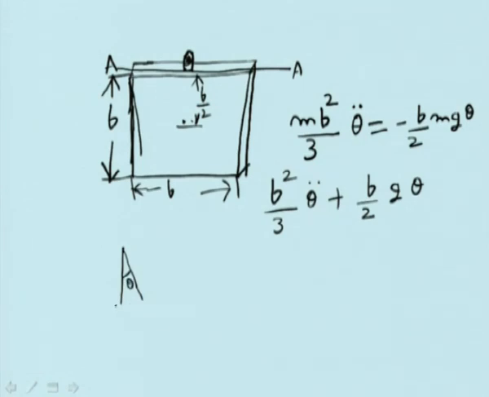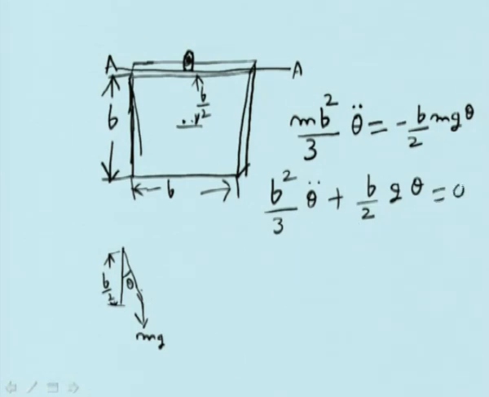So this distance is b by 2, and this is the mass, so this is mass mg. One component is along the rod, this is mg, that tension. So tension T is equal to mg for small angle, and its component is mg sin theta.